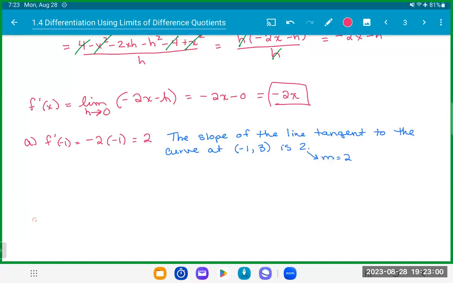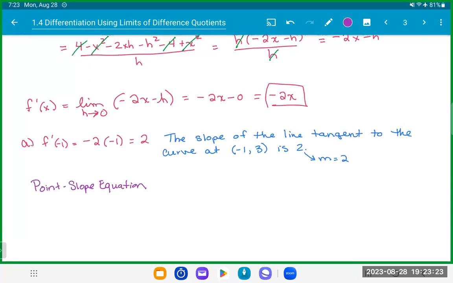So now we need to substitute the point and the slope into the point slope equation. I'm going to give you that; this is us digging back to our algebra days.